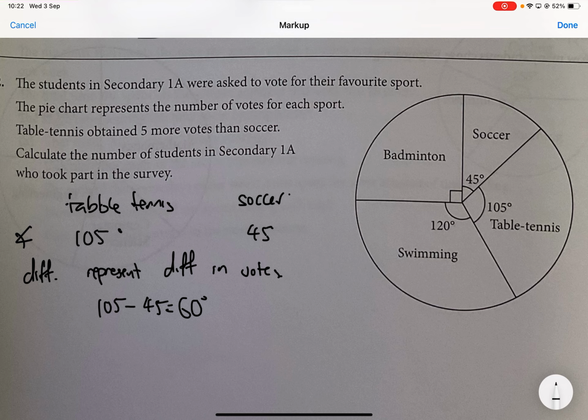Now we know these 60 degrees actually represent these 5 votes, because table tennis got 5 more votes than soccer. So this 60 degrees is actually 5 votes.